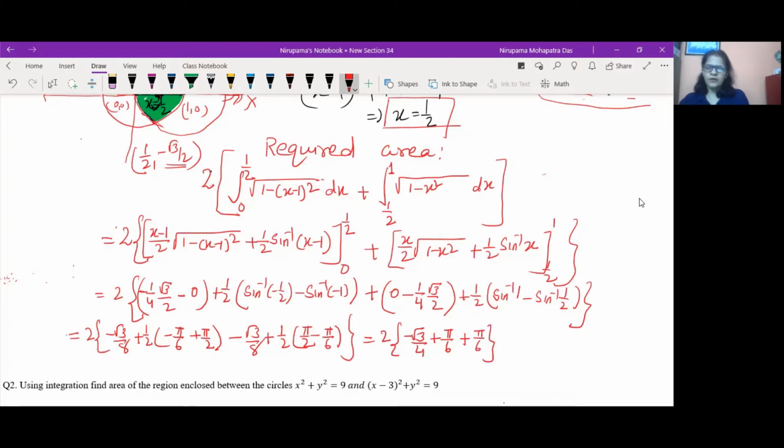So you are getting twice of pi by 3 minus root 3 by 4. So it means you are getting here 2 pi by 3 minus root 3 by 2 square units.